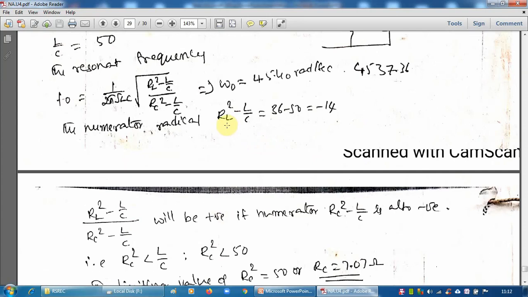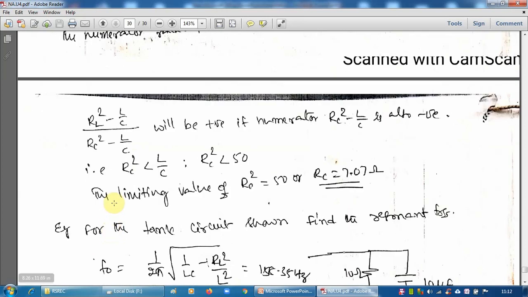Now what is asked in the problem: what is the minimum value of RC for which the circuit resonates? We have seen in the previous discussion that for the circuit to resonate, both numerator and denominator should be either positive or negative.